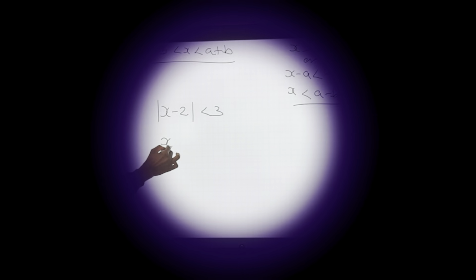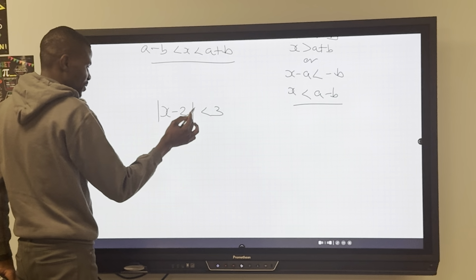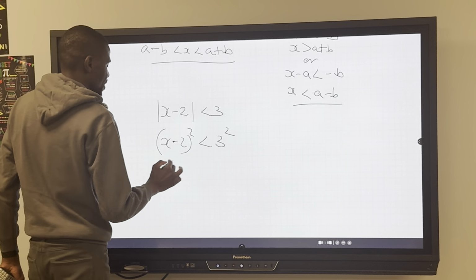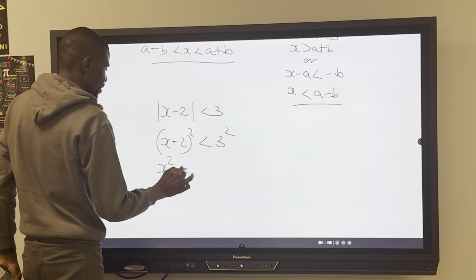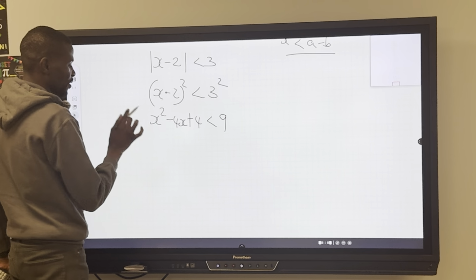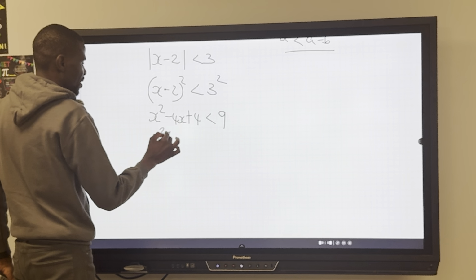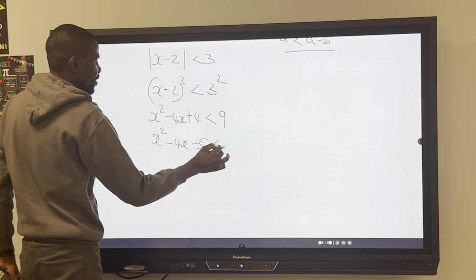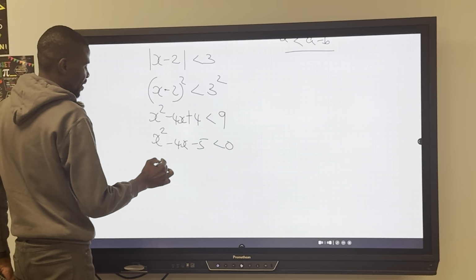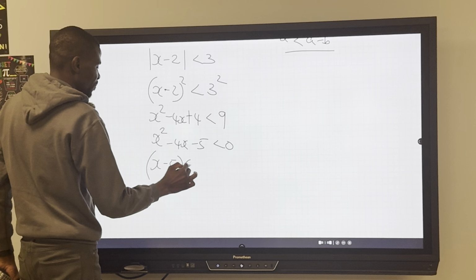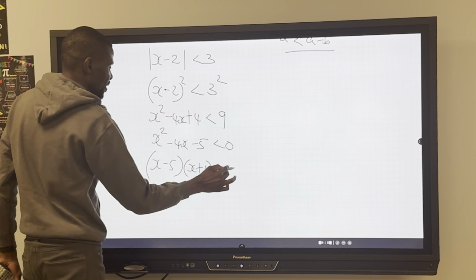First method, you're going to square, since they are both positive. x minus 2 squared less than 3 squared. So x squared minus 4x plus 4 is less than 9, right? So x squared minus 4x, 4 minus 9 is minus 5. Factors of negative 5 are 5 and negative 1. So it's now x minus 5 and x plus 1, less than 0.